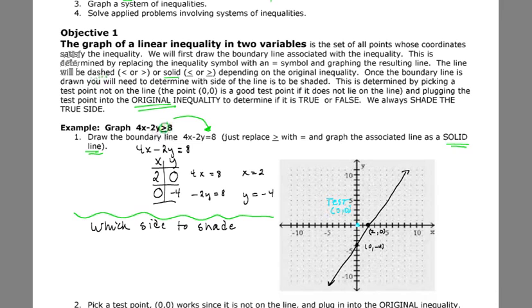It's a good test point. Not on the line, easy to plug in. We'll plug it into the original inequality to determine which side to shade. I forgot a little statement here.